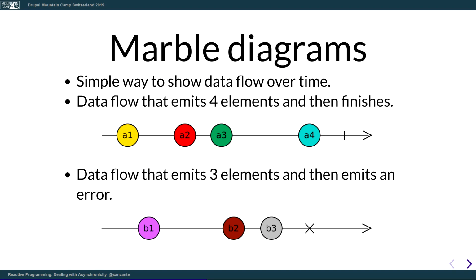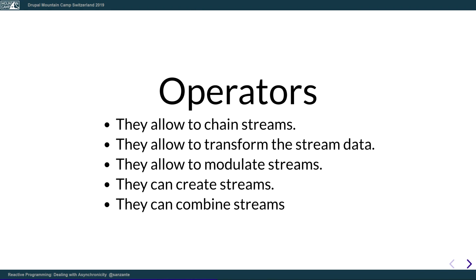The first one is A1, then a delay, then A2, and immediately the value A3, and later the value A4. And the vertical line is the end of the observable. At that point, the observable has finished and it's not going to emit anything else. The second diagram is an observable that emits 3 values and then stops because of an error.